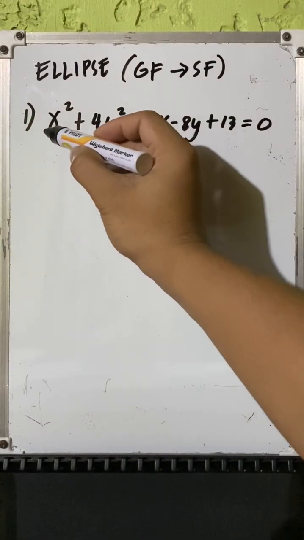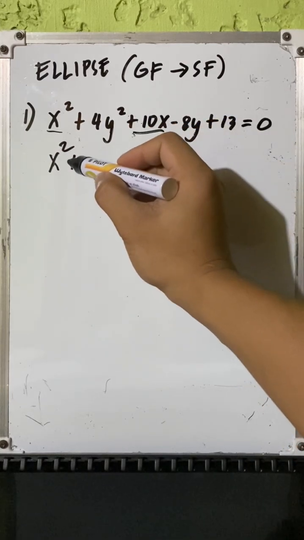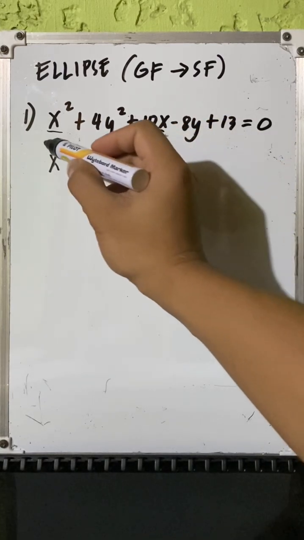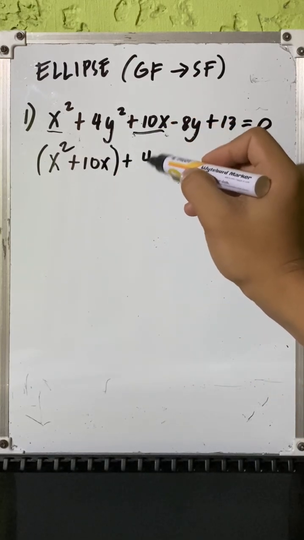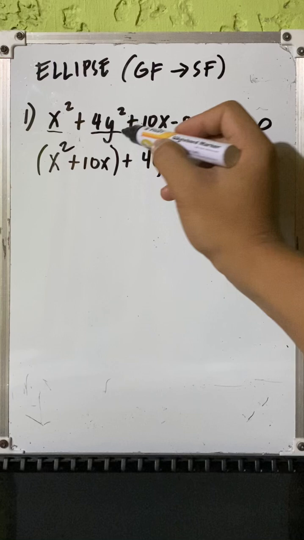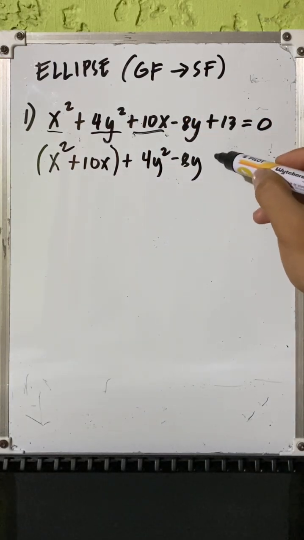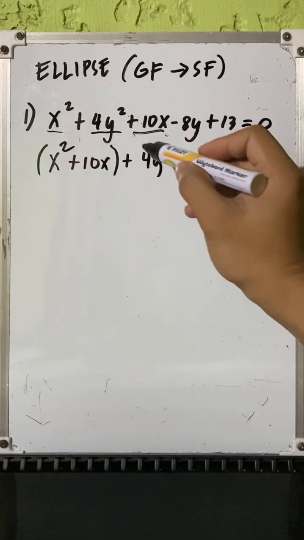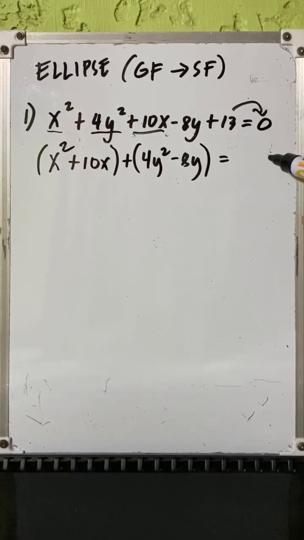So first x squared, that is x squared plus 10x, and this is plus 4y squared minus 8y is equal to, you move that here, so you have negative 13.